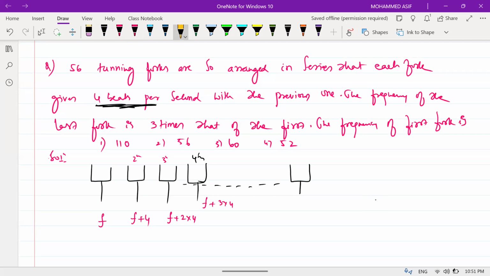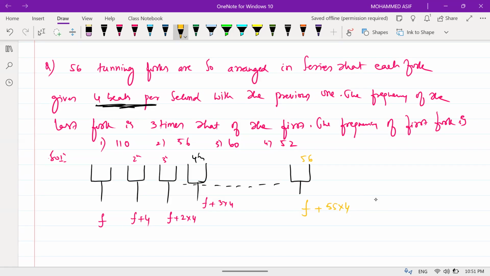Like that, for the 56th one it will be f plus 55 into 4. For the fourth it is 3, for the third it is 2, for the second it is 1. So for 56 it will be f plus 55 into 4. This is the last one.